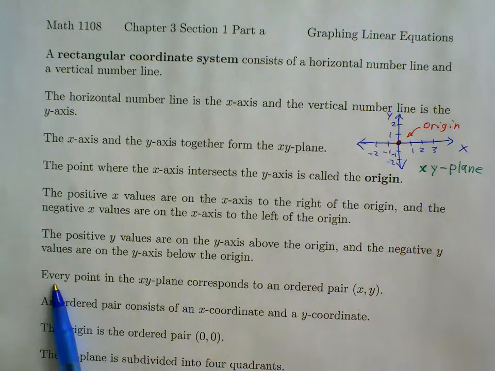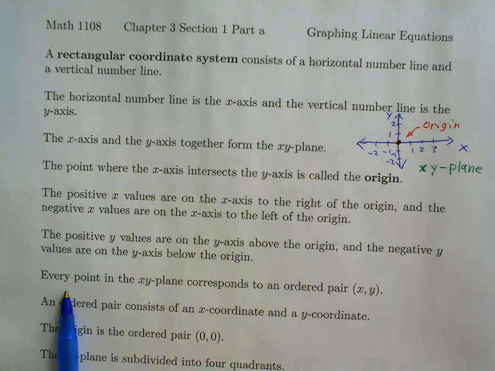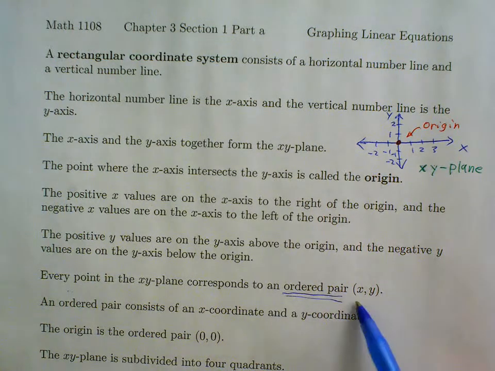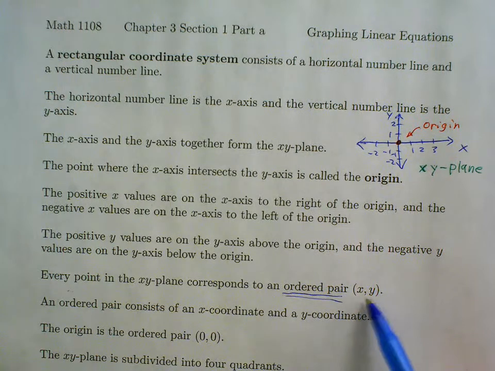You know this statement. Every point in the xy plane corresponds to an ordered pair, x comma y in parentheses. So an ordered pair will always have this form. The variables don't have to be x and y, but x and y are the variables that we use most commonly.